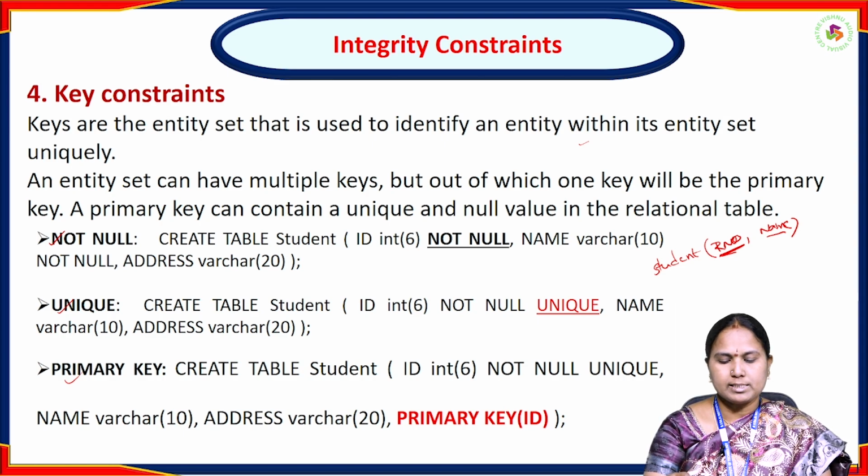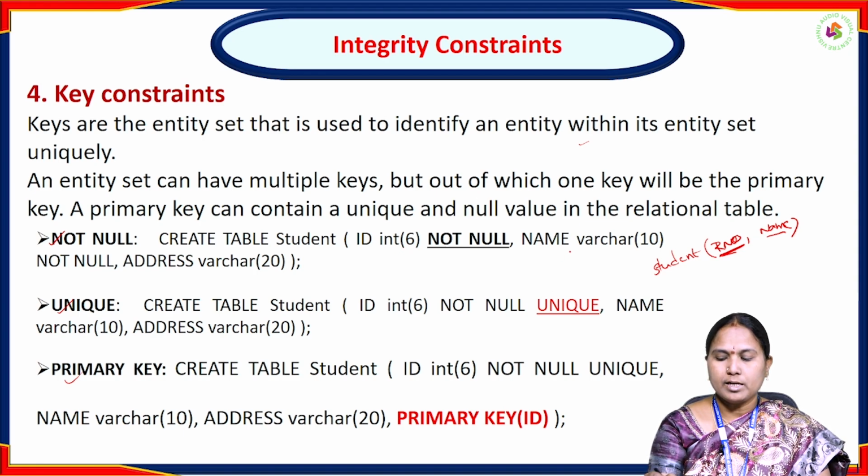So, if you want to assign it, create table student. First one is ID, integer 6. And what are you mentioning? You are assigning the not null constraint. What is the meaning of this constraint? If you are assigning this constraint for this ID, whatever values you are inserting, those values must be not null. Definitely you should insert a value inside this column. That is the meaning.